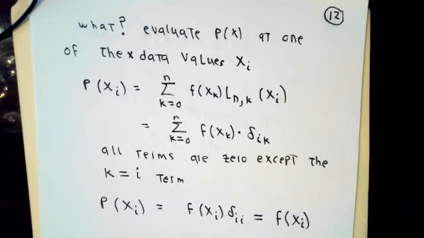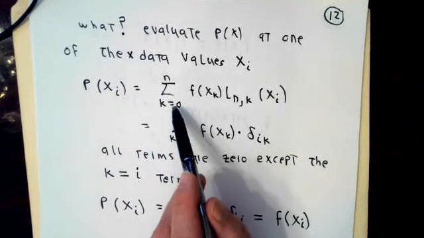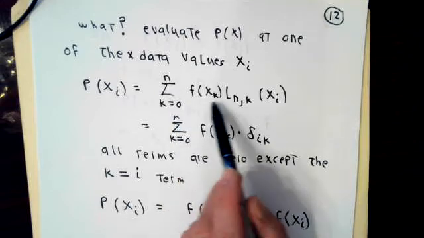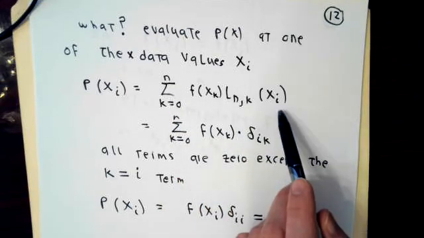What I mean by that is, let's evaluate p of x, where x is going to be x number i, one of the x data values out of my data set. So take the preceding formula, and every place you had the variable x by itself, no index, replace that with x number i, and you'll find out that p at x number i is the sum k equals 0 to n, f at xk, L n,k evaluated at xi.